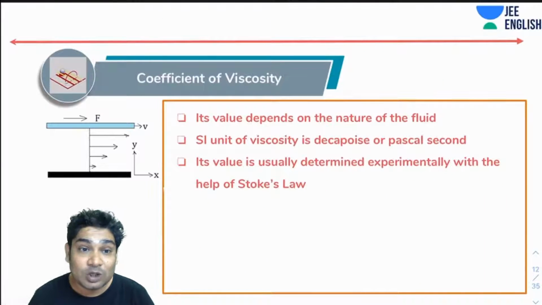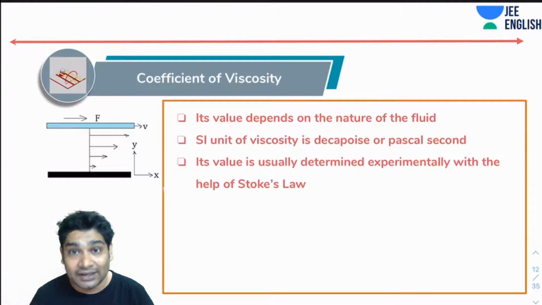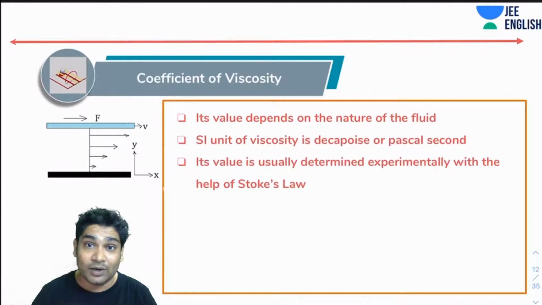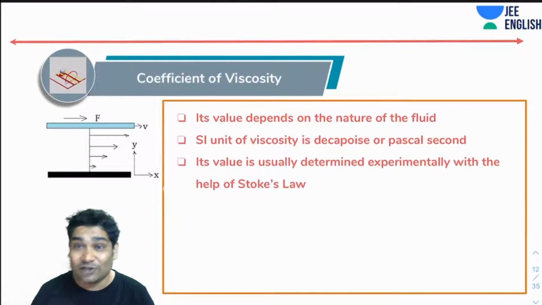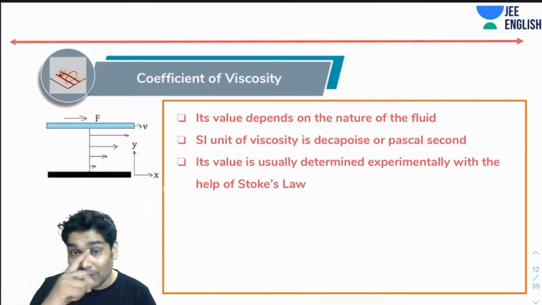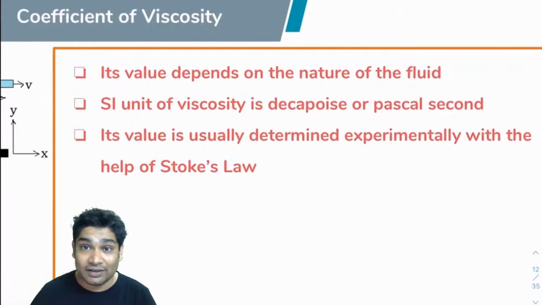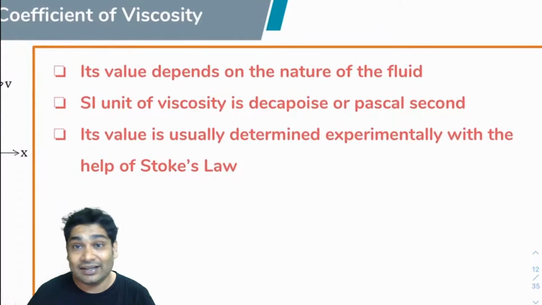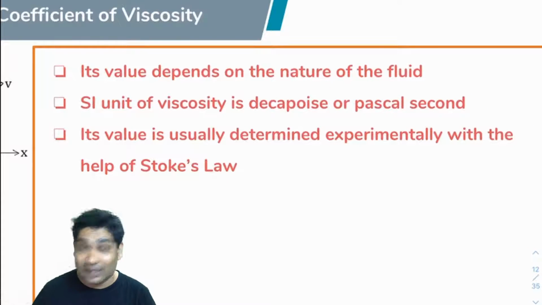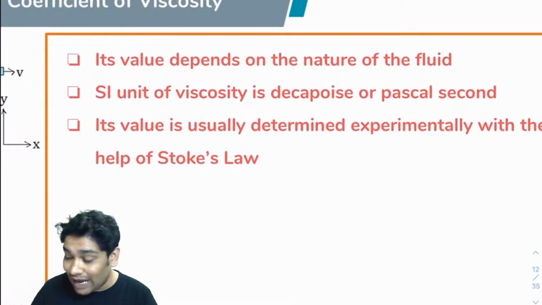All right. So let's move forward and talk about the coefficient of viscosity. The coefficient of viscosity is a constant for a liquid, and it depends on the nature of the liquid. It also depends on the temperature, by the way. Its SI unit is decapoise or Pascal second, and it is usually determined experimentally with the help of Stokes law. Here I would like to add one more point.